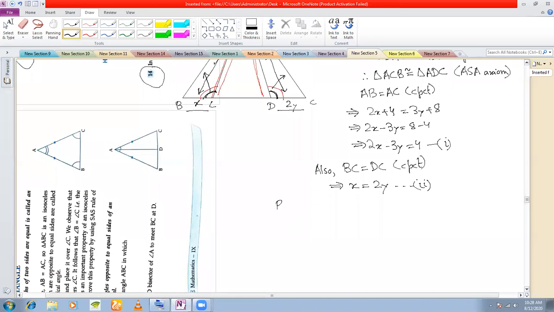Okay, so let us solve by substitution method. Putting x is equal to 2y from 2 in 1.